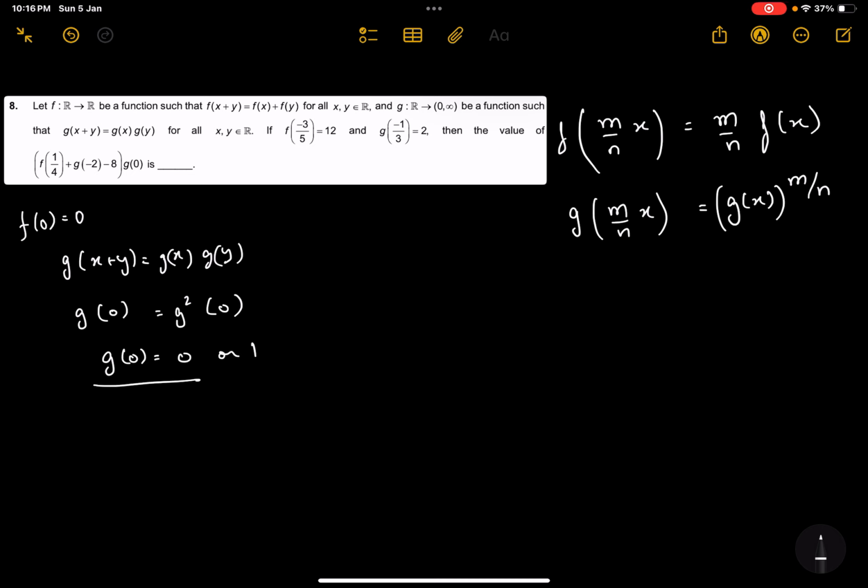But it cannot be 0, because then g(x + 0) will be identically 0 if g(0) is 0, but that's not true because g(-1/3) is given to be non-zero. So we have g(0) is equal to 1.